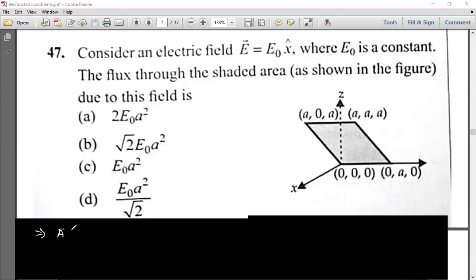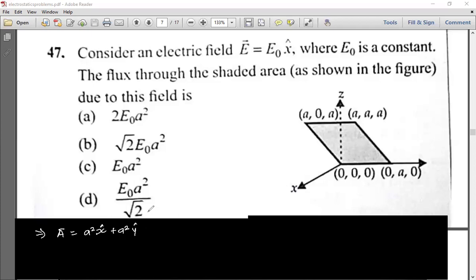The area vector A bar is equal to nothing but, because the side is A, so shall I write like this, A square x cap plus A square y cap?